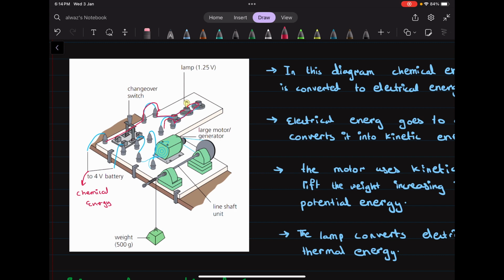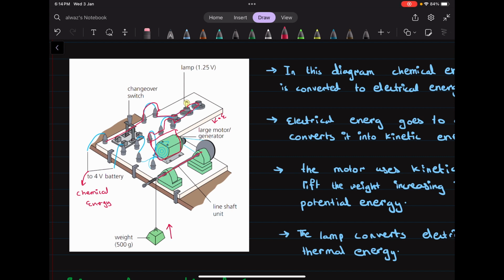We can also see that there's a motor here. When the electricity passes through this motor, we can see that the motor starts moving. So the chemical energy from the battery is converted into kinetic energy here in the motor, and when this motor spins, you can see that it's connected to a line shaft, and this weight starts to go upwards.